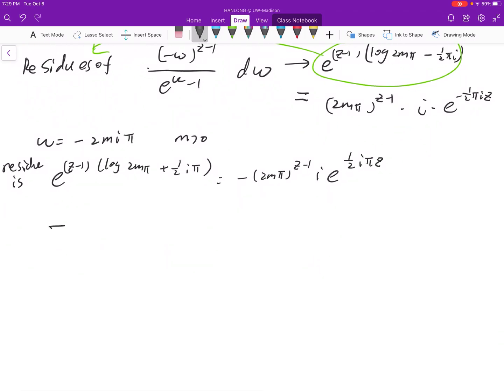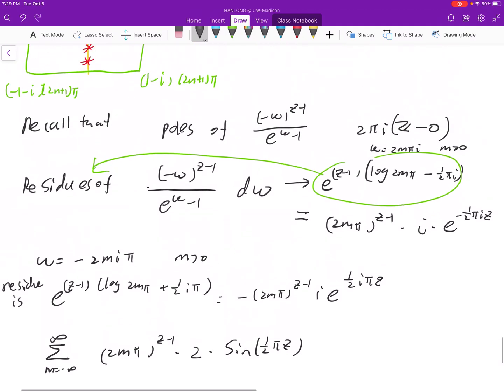So sum them up, and the residue is (2mπ)^(z−1) times 2 times sin(πz/2). Therefore, we have that.